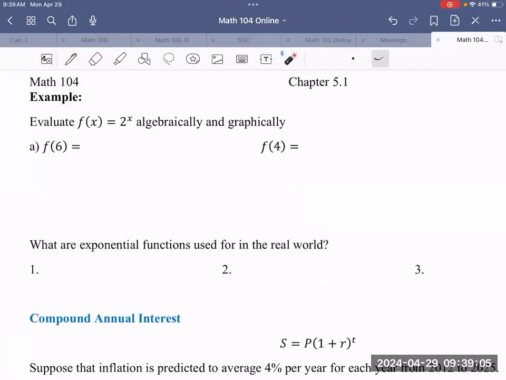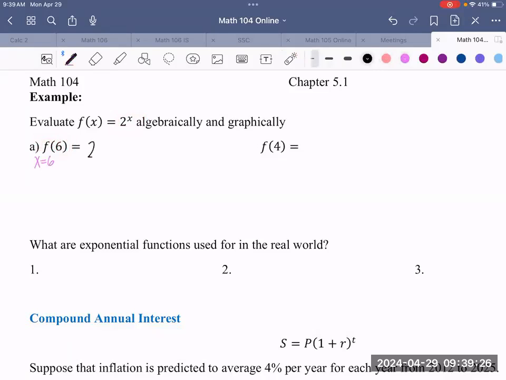So now let's try it out with some algebraic and graphic forms to find some of these values. So if we know that f of x is equal to 2 to the x, and we want to find f of 6, algebraically, we know that x is equal to 6.